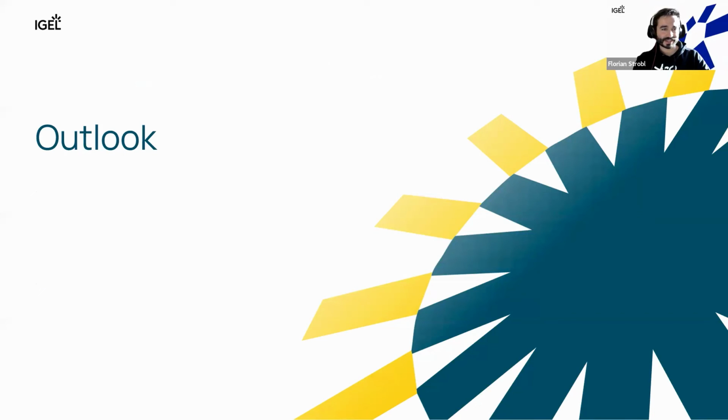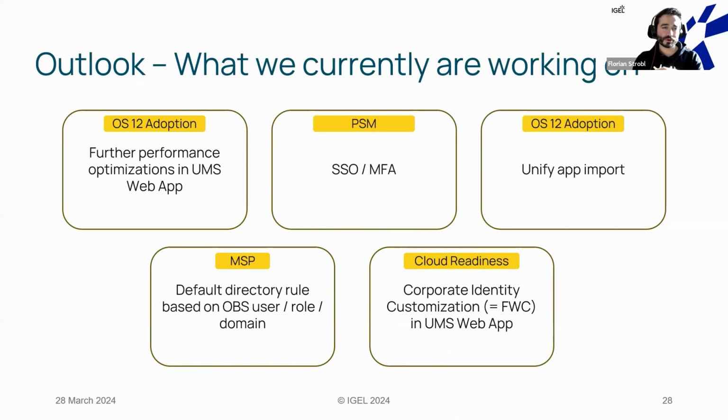Okay, so let's see what we are currently working on. As I said, we work on further performance optimizations in the UMS Web App to make it even faster and to support the OS 12 adoption as well. We also work on our preventative security model. Here we want to offer single sign-on with multi-factor authentication in the UMS console and the UMS Web App.